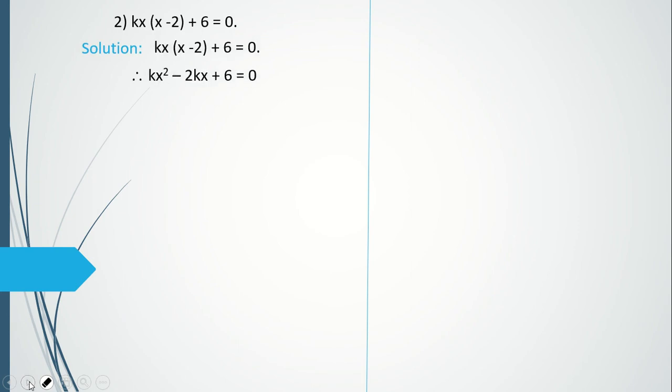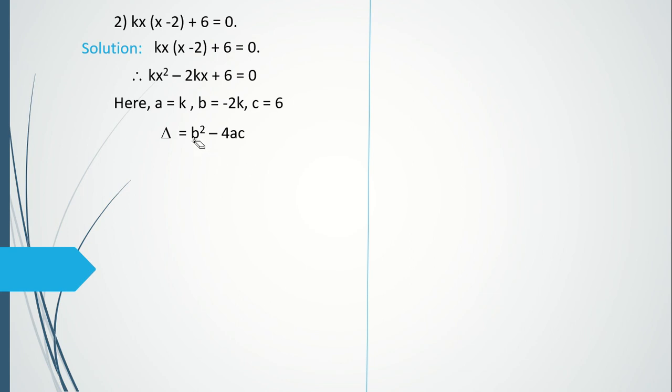In the next one, in a similar way, first multiply and get the equation in the standard form properly. We get kx into x is kx square minus 2 into kx plus 6 is equal to 0. Now find out b square minus 4ac first. In place of a we got k, b is equal to minus 2k, and c is equal to 6.